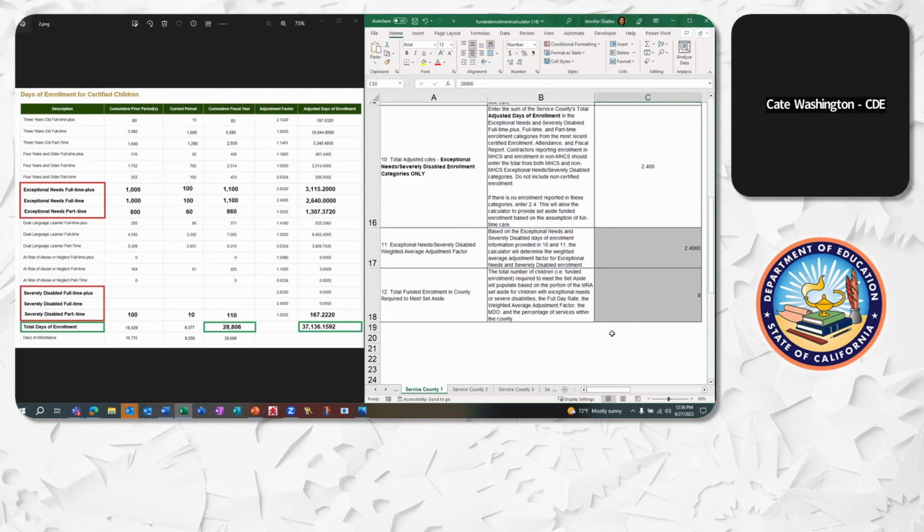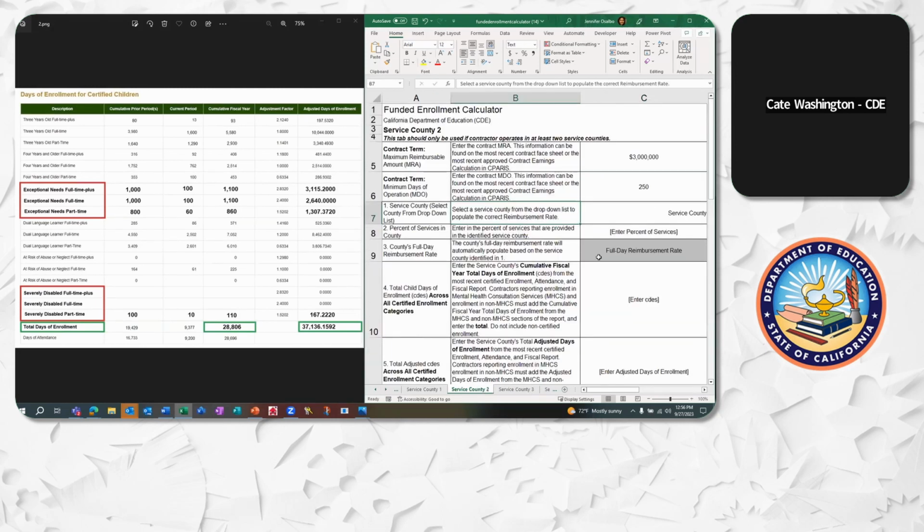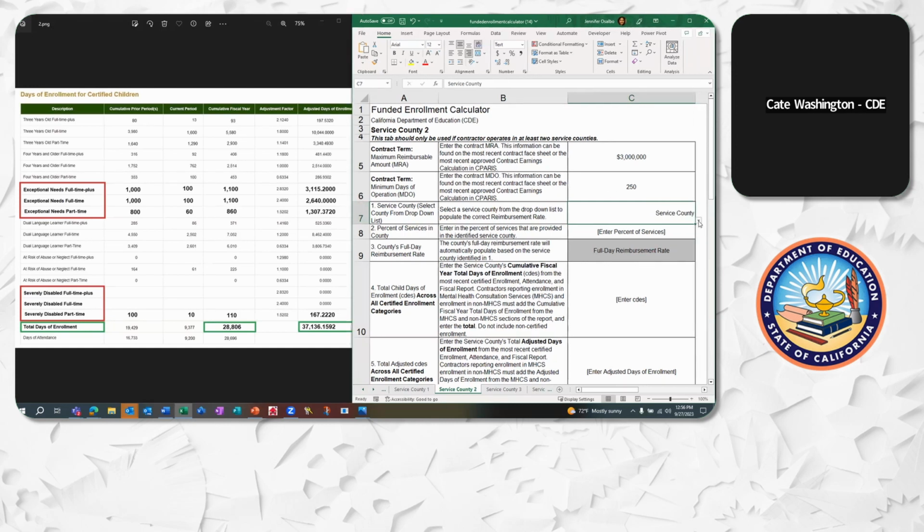Moving to the Service County 2 tab, you will see the MRA and MDO have already populated from the first tab, so you do not need to enter those again. Enter the percentage of services in the second county, and that is 30% in our example for San Francisco. Now we'll use the reported data for this county.